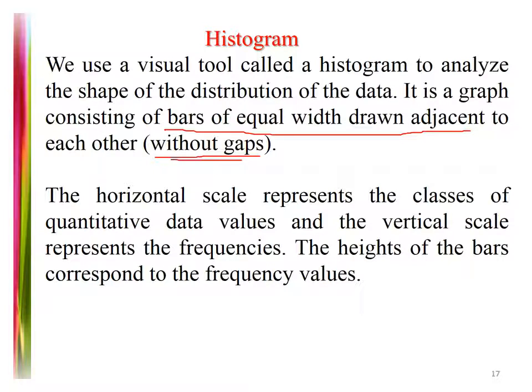The horizontal scale represents the classes of quantitative data, and the vertical scale represents the frequencies. So on the x-axis we represent the classes, and the y-axis is the number of frequencies. The height of the bars corresponds to the frequency values, and also without gaps. That is very important.